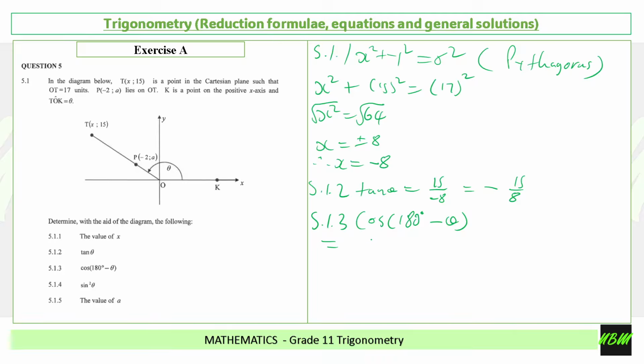Therefore, cos of (180 degrees minus theta) reduces to negative cos theta, which is equal to negative times, what is cos theta now? We are on the Cartesian plane, with the ratios x, y and r. Cos is x over r. x is negative 8, r is 17, which is equal to negative 1 times negative 8 over 17, which is positive 8 over 17.